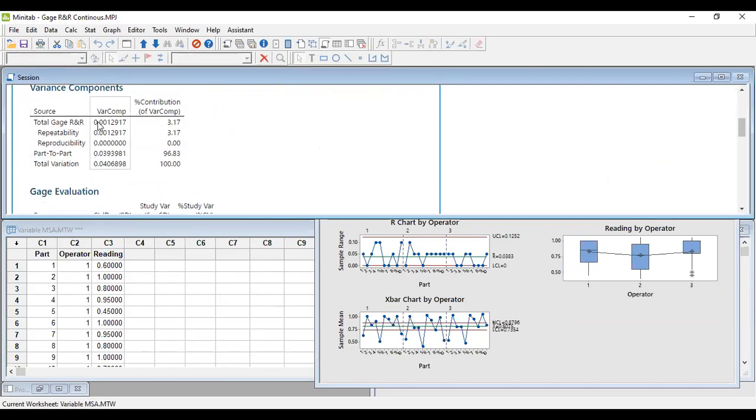Now, total gauge is showing 3.17. So around 12% is contributed in the total gauge R&R. Repeatability again 12%, reproducibility absolutely 0, and part-to-part variation is 39%. So the total variation is showing us 40%.